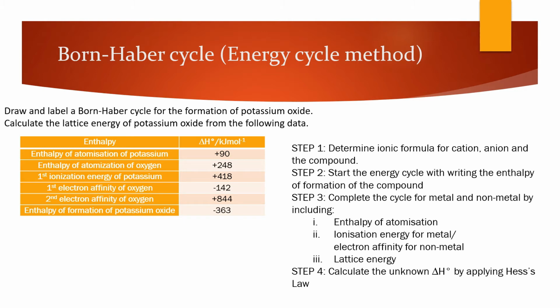Then step number 3, we complete the whole energy cycle by including the enthalpy of atomization, ionization energy for the metal, electron affinity for the non-metal, and also the lattice energy. Then in step number 4, you calculate the unknown enthalpy by applying Hess's law.